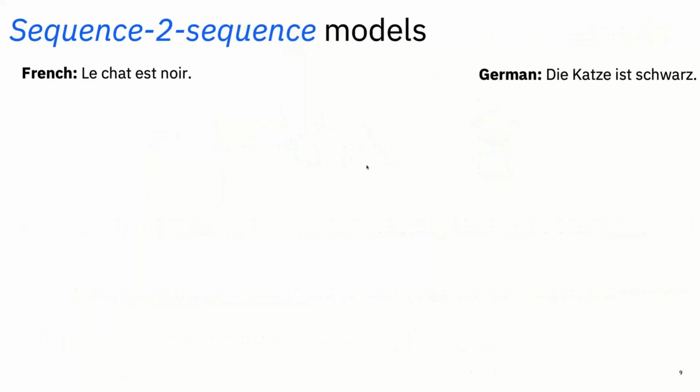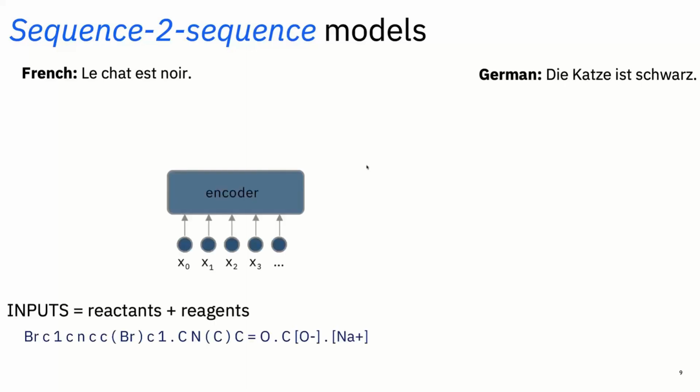Machine translation in natural language processing is typically done with sequence-to-sequence models that, for example, translate a sequence in French, le chat noir, to a sequence in German, die Katze ist schwarz. And this is how such a sequence-to-sequence model looks like.